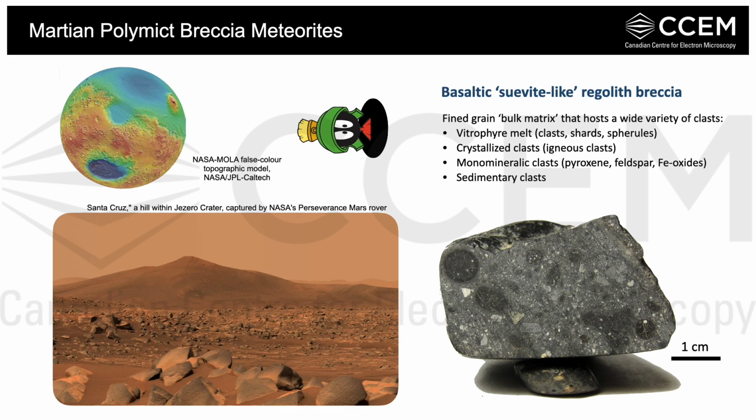And as you'd expect with it being a regolith, it has a widespread lithology that consists of melt rock fragments, sedimentary clasts, and igneous fragments, which include some of our ancient zircon and bedelliates. And all these pieces are set in a fine-grained crystalline matrix. So it's a very complex texture.